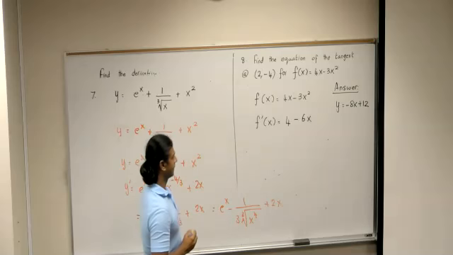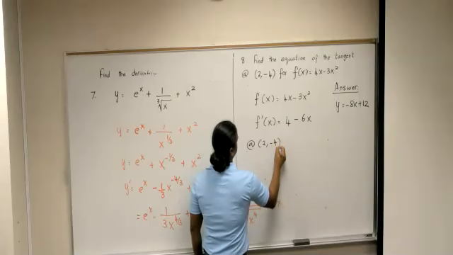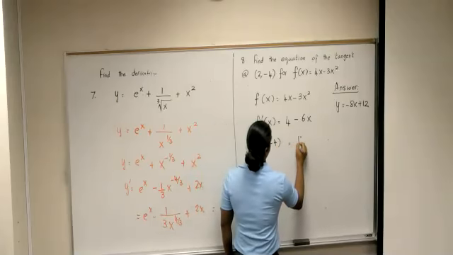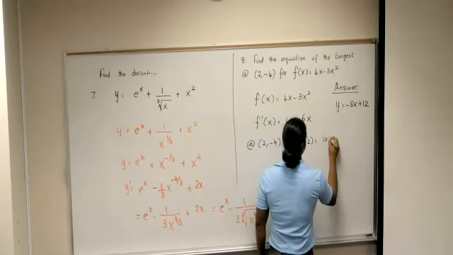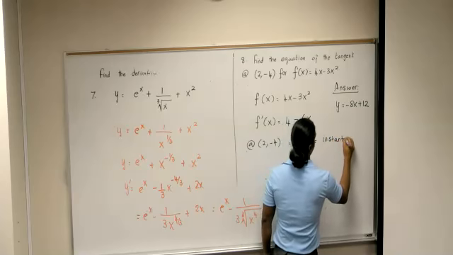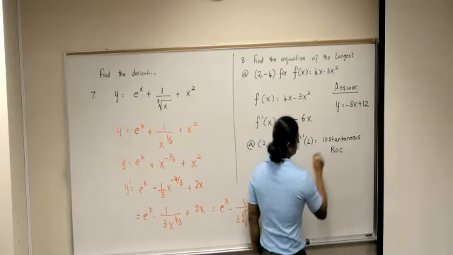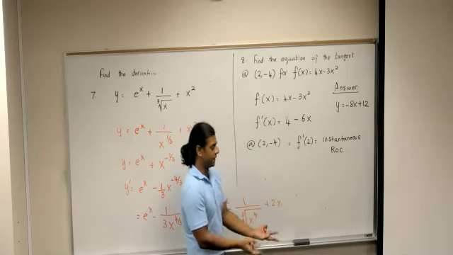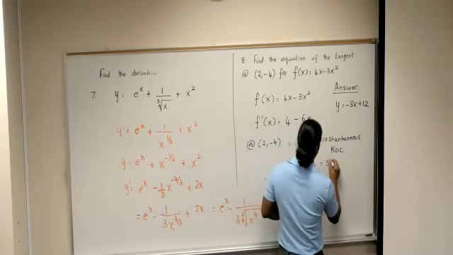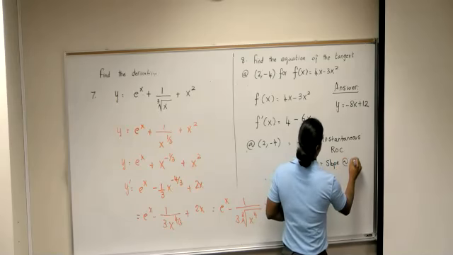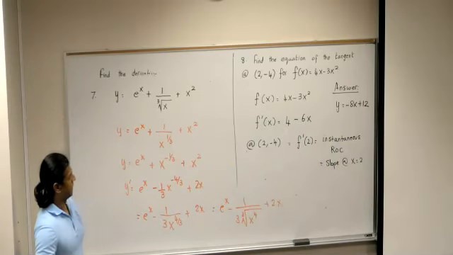We have a point, so at (2, -4), f prime of 2 would simply be the instantaneous rate of change, which is the exact slope at the point x equal to 2.